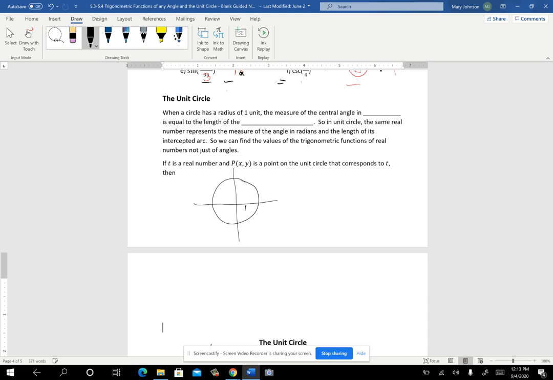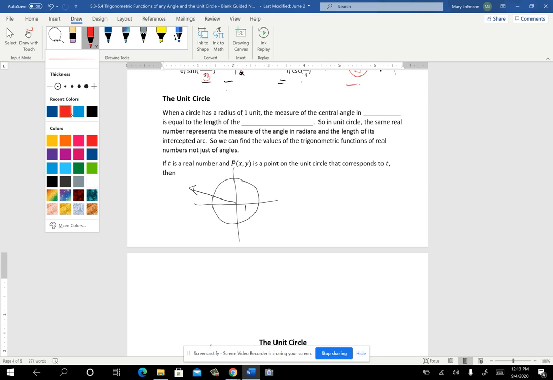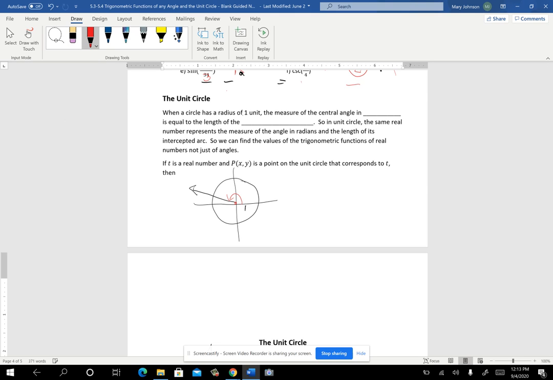1 unit. All right, so when you have a circle that has a radius of 1 unit, the measure of the central angle, so let's say we have an angle right here, then the measure of that central angle, which would be this guy right here, in radians, would wind up being exactly the same as the length of this right here, which is the intercepted arc.